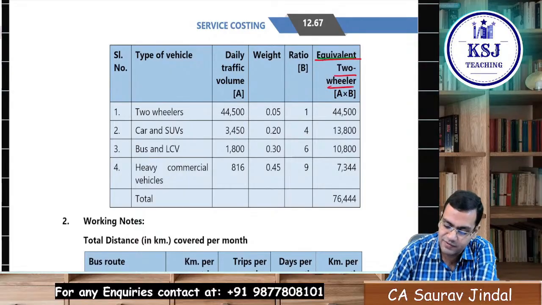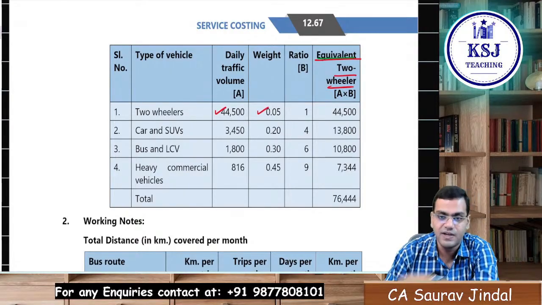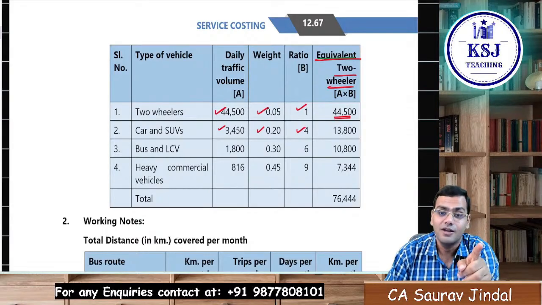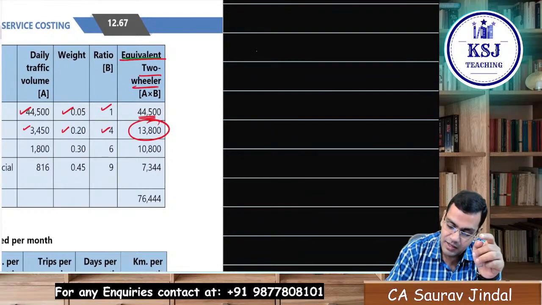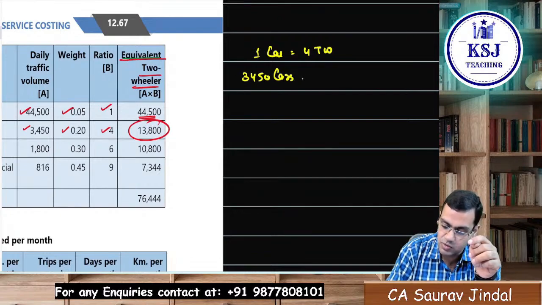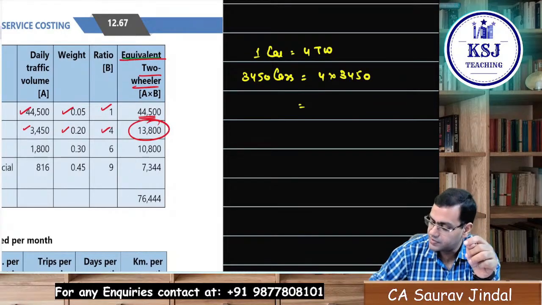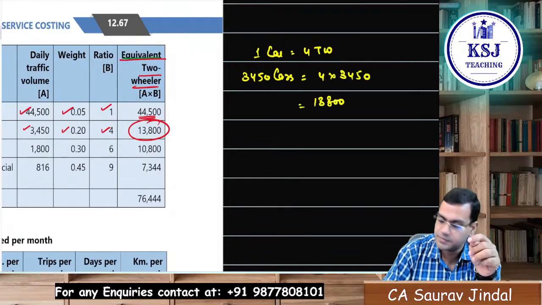So two-wheeler traffic 44,500, weight 0.05, ratio is 1. So 44,500. Car and SUV 3450, weight is 0.20. Now the ratio is 4. That means this is equivalent to two-wheelers. If one car is equal to 4 two-wheelers, then 3450 cars will be equal to how many two-wheelers? 4 multiplied by 3450, that is 13,800.